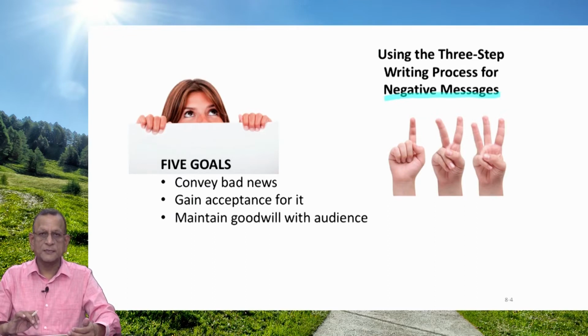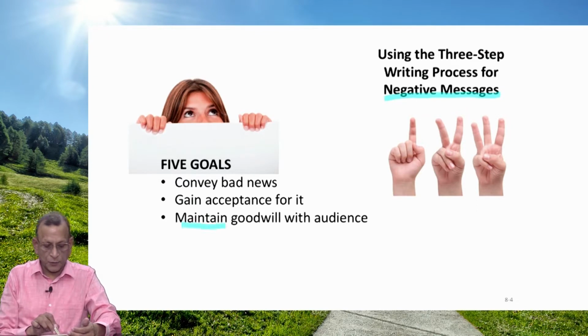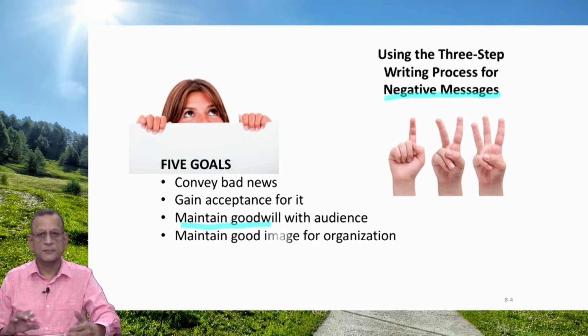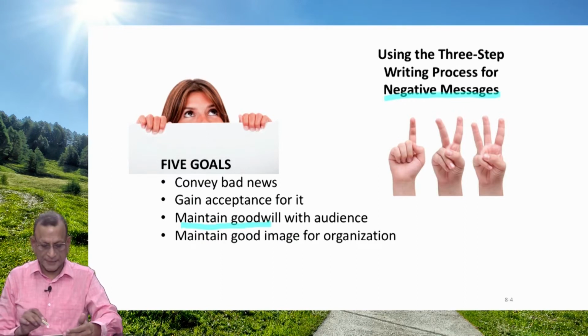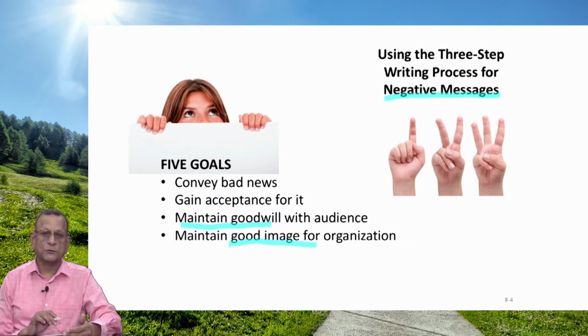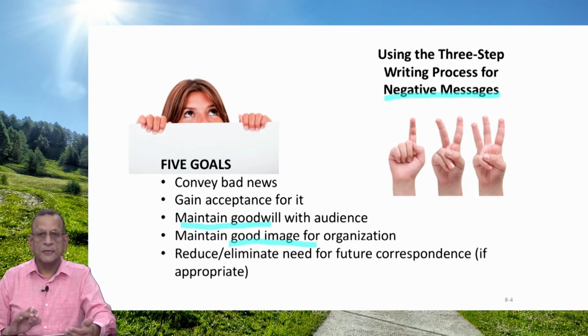The third one is, in spite of this bad news, maintain goodwill with the audience. The fourth one, maintain good image of the organization, although you are going to talk about something which is really negative. And the fifth one is, eliminate need for future correspondence if appropriate.